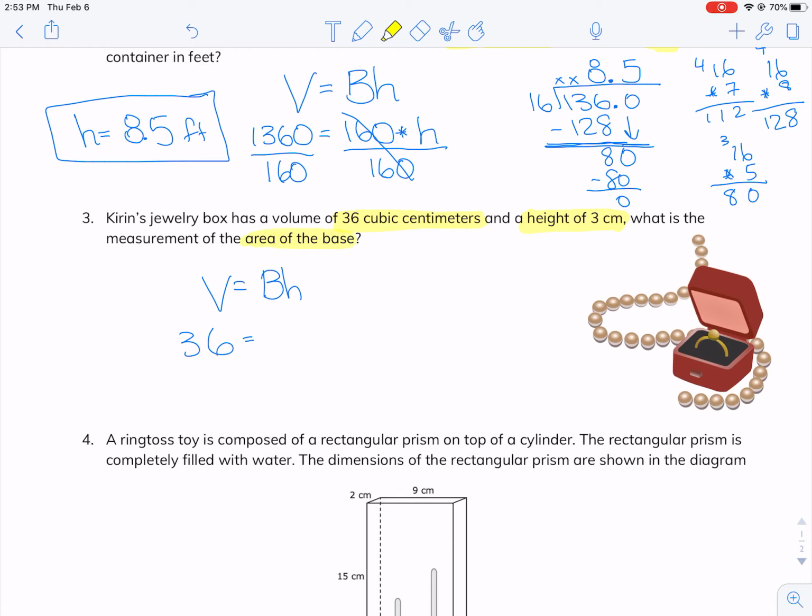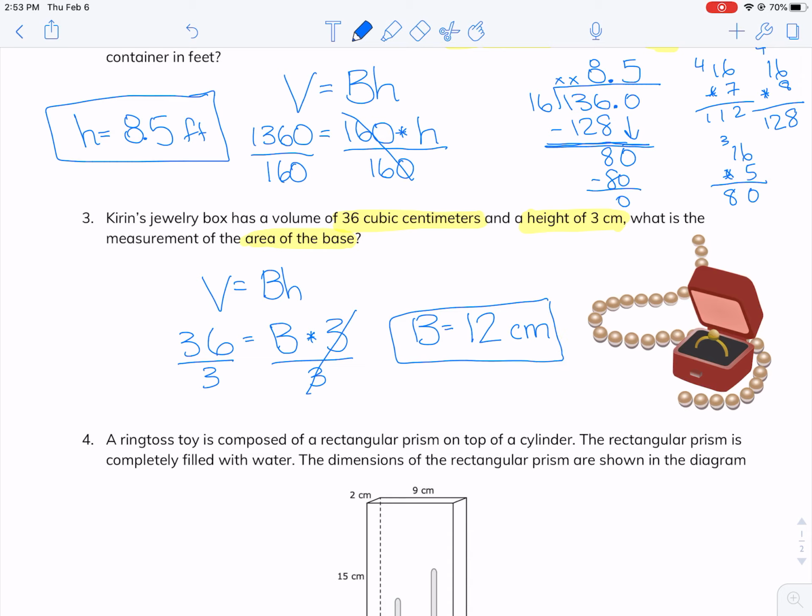But now the height is given. So it's going to be B times 3 equals 36. In order to figure out our big B, which stands for the area of the base, we can divide both sides by 3. That can cross out. And then we should know that our big B should be 12 centimeters. And that is it, because we know that the area of the base would be our base area, big B.